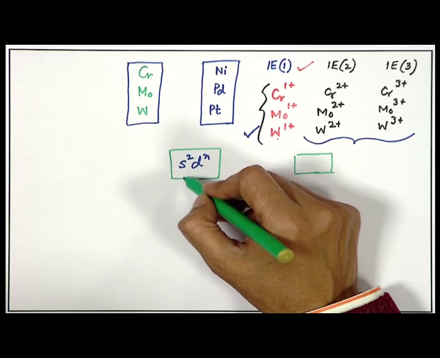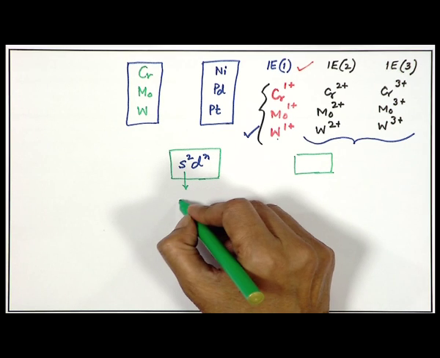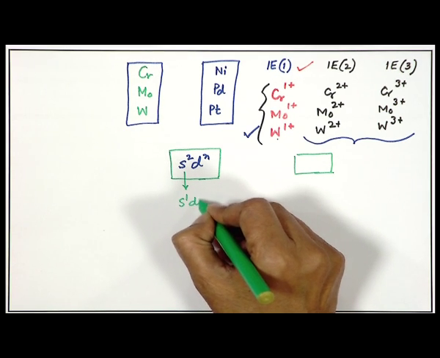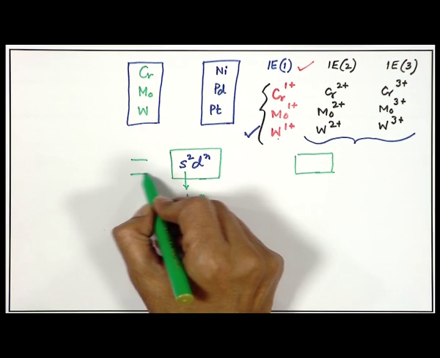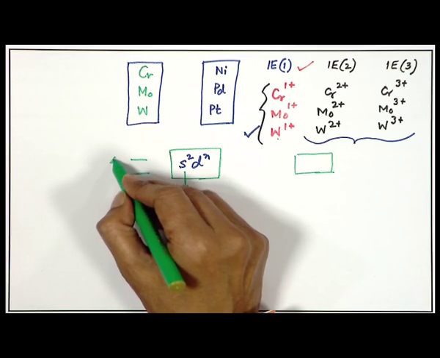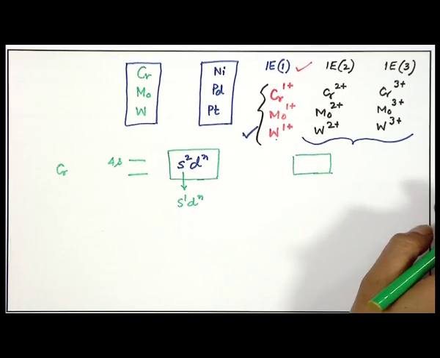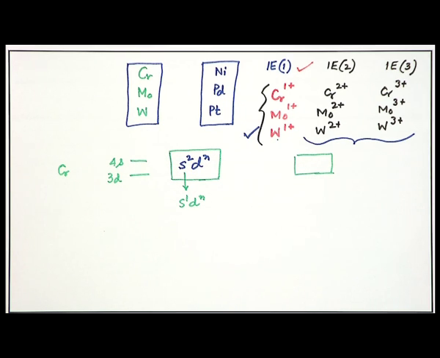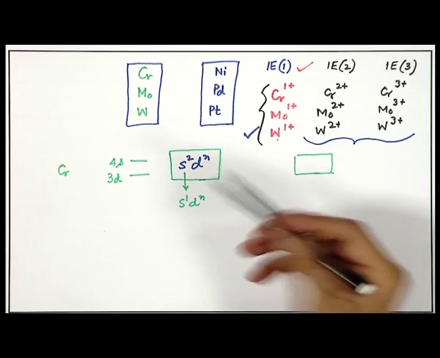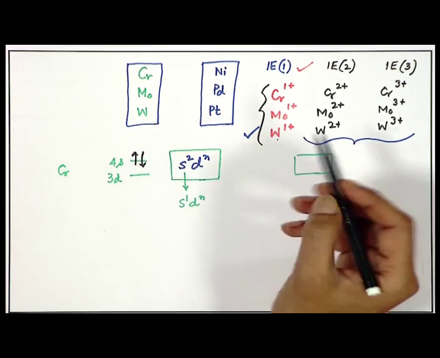Once this first electron is removed for the first ionization energy, the configuration is s1 and dn, and the relative ordering of these levels changes. Suppose this is 4s for chromium, and this is 3d. The electron we are trying to remove is in the 4s level.